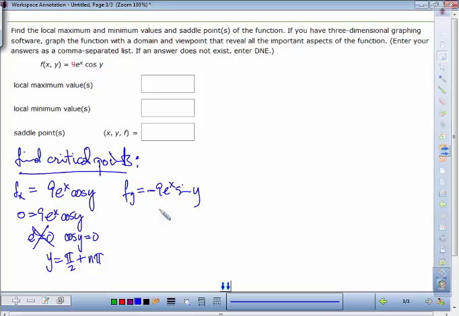Let's check this one going to 0. And then we have e to the x at 0 again, which will never happen. Sine y equal to 0 when y is equal to 0 plus or minus n pi.